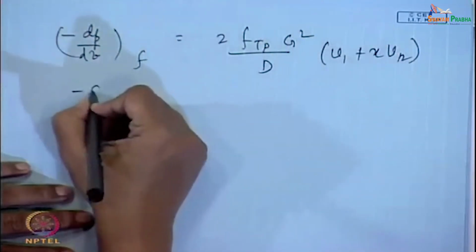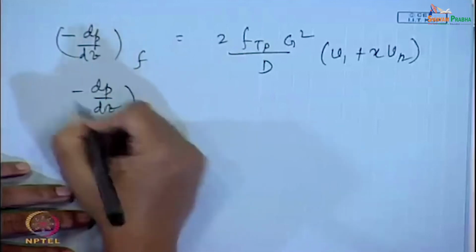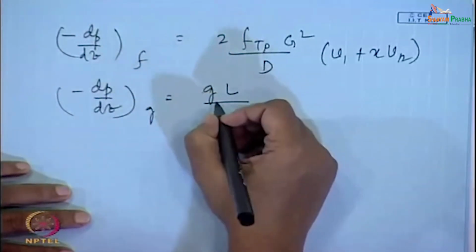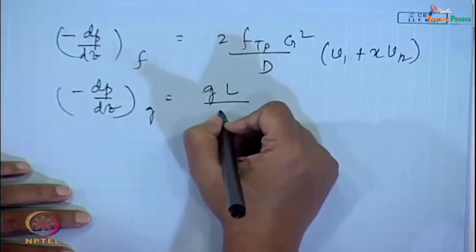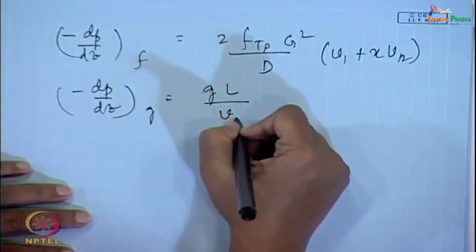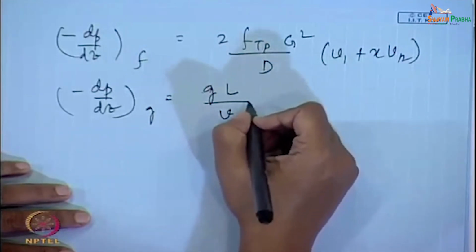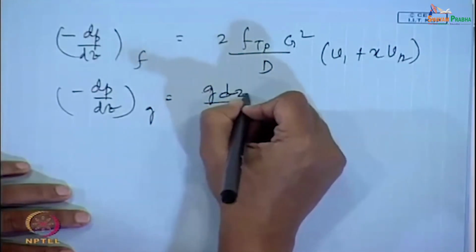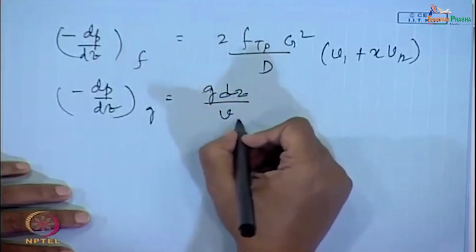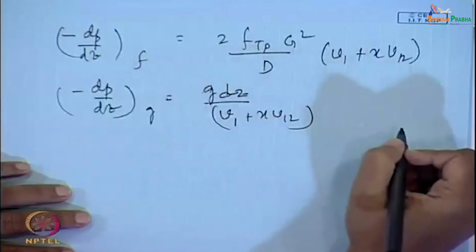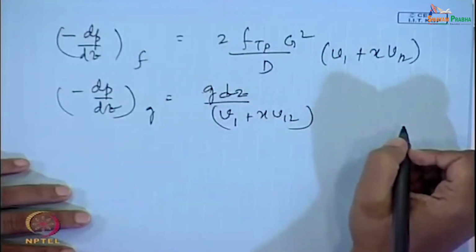What about your gravitational pressure gradient? This is simply G d z, very sorry, G d z by V1 plus x V12, is not it, rho G d z.